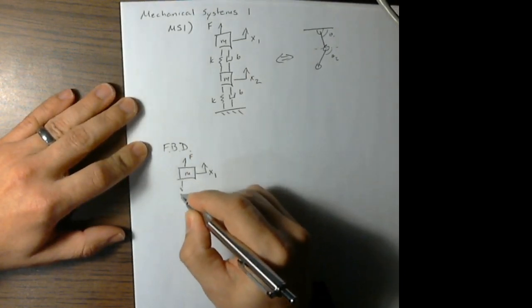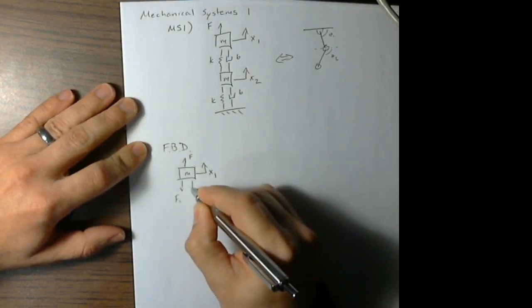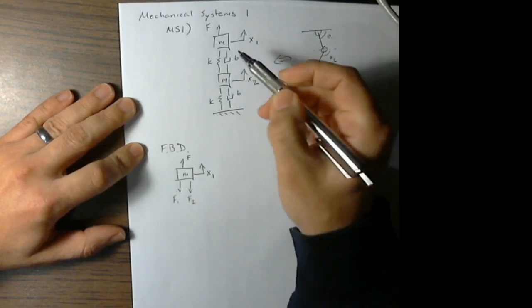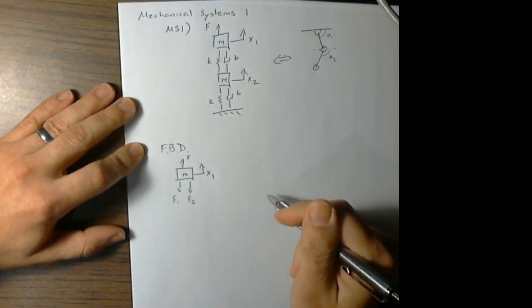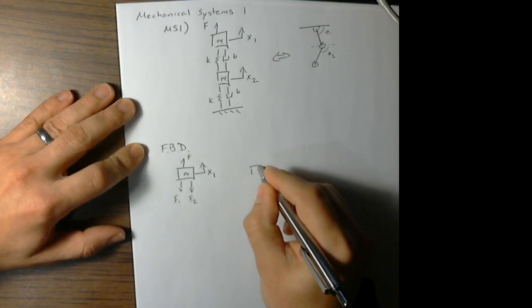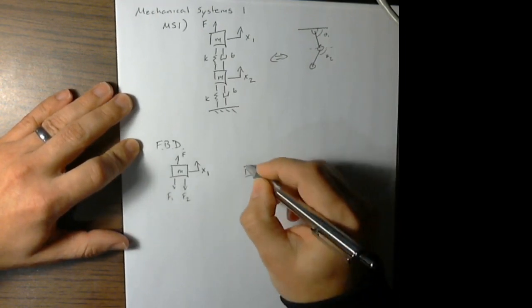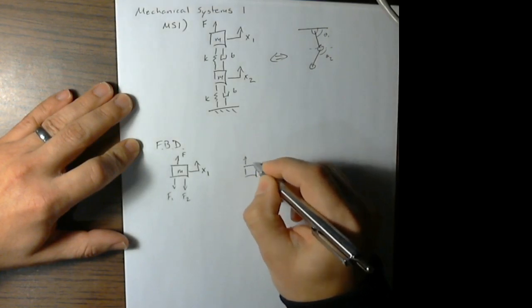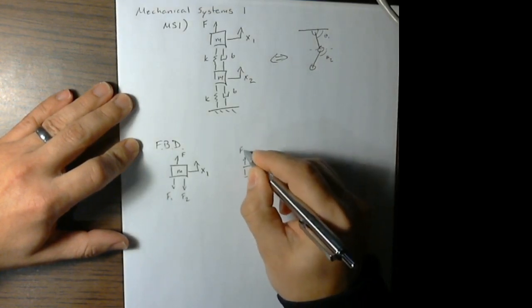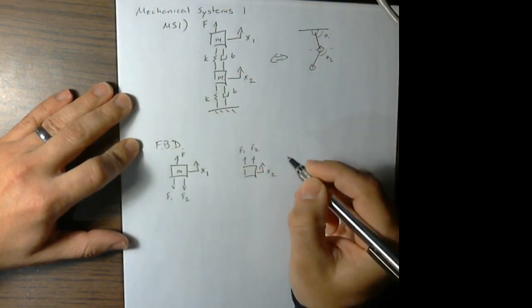Oh, and I'll just start calling these F1 and F2 to refer to the spring and the damper. I can also do the same thing for the second mass. Here we're going to have F1 and F2 pushing up.